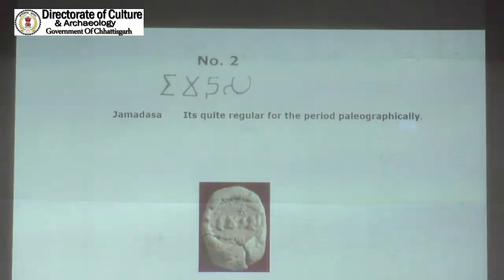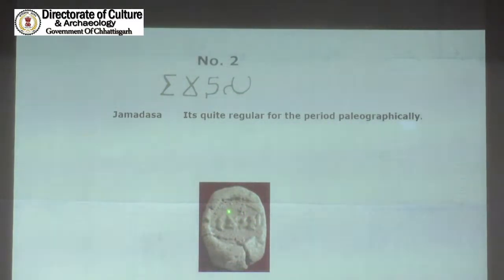And this, Jamadasa, see here, Jamadasa. These are all already reported in the excavation reports from Chhattisgarh. And above you see the swastika symbol here.